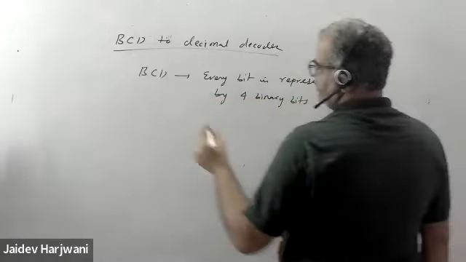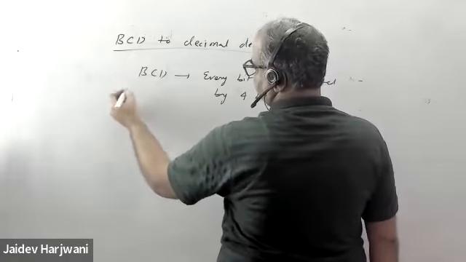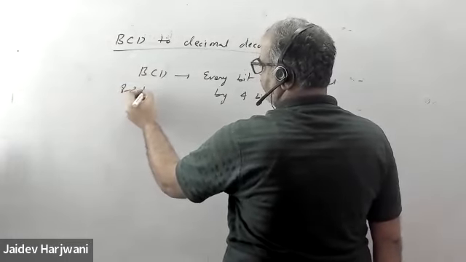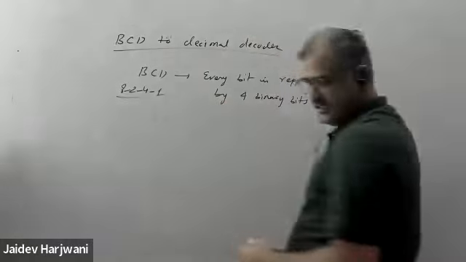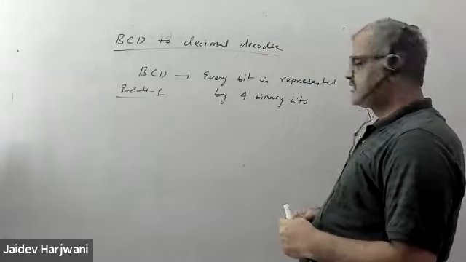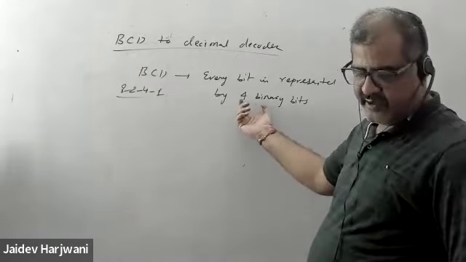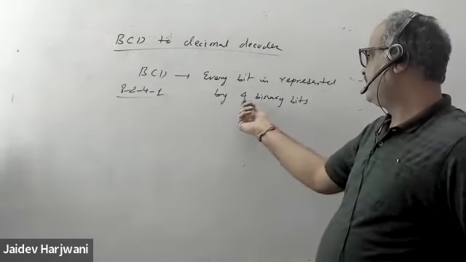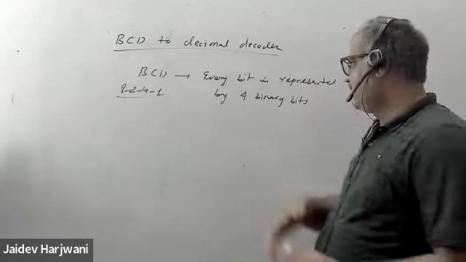This coding system is also called the 8421 coding system. This is exactly like your hexadecimal system, where every number is also represented by four binary bits.